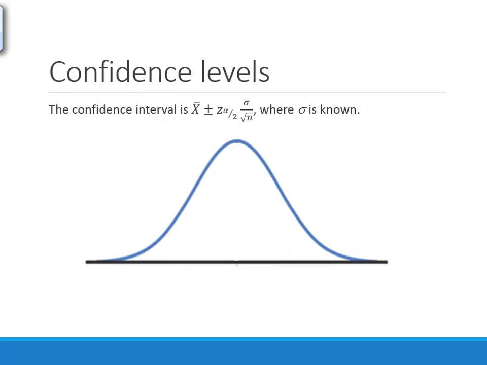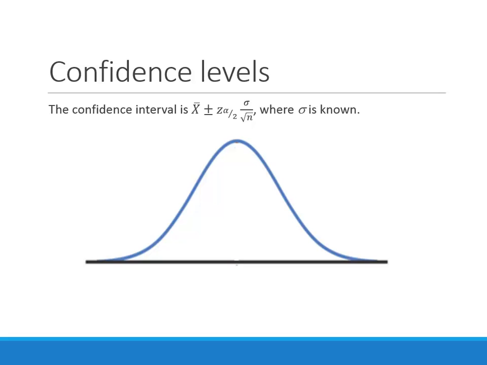Okay. So thinking about confidence levels in general. So far we've only talked about 95% confidence intervals. The form of our confidence interval is as we've seen before, but of course we can have different confidence levels.